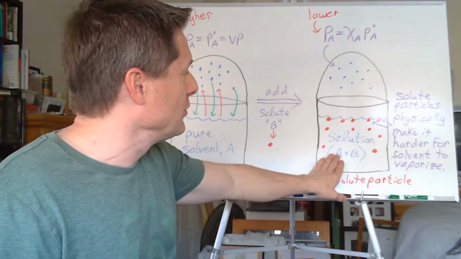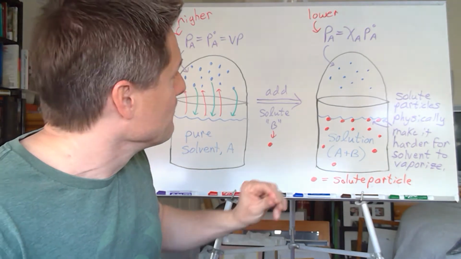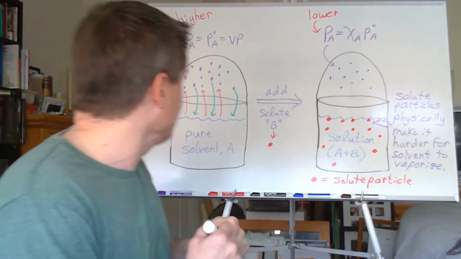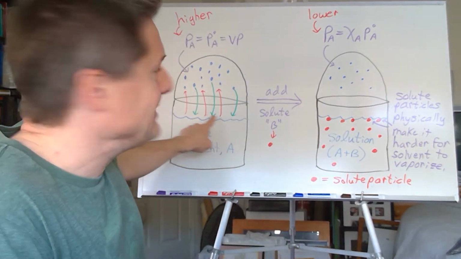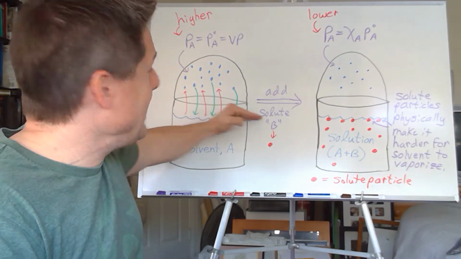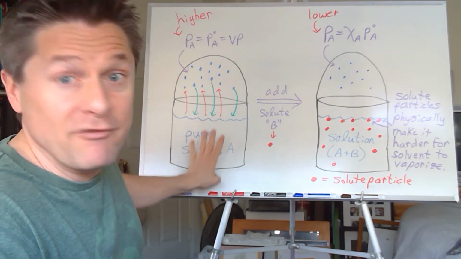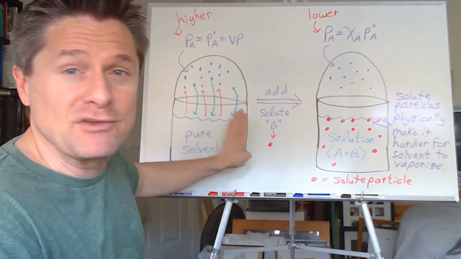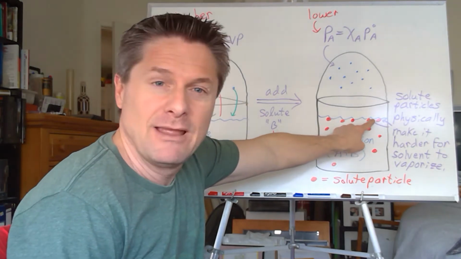Let's say we've got our solution A plus B, and I just made B the solute, the little red dots. Would it make sense that if we're trying to vaporize, we're trying to head out of solution, there's nothing to impede the molecules of A on the surface of the pure solvent? They're free to vaporize at any part of the surface area there, right? But here, do you see these little red dots there?